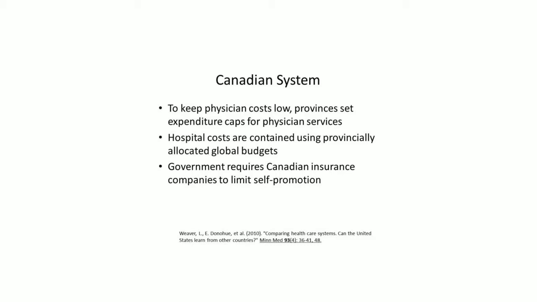There's also legislation that limits Canadian insurance companies' ability to self-promote. That is, there are limitations in regards to the amount of advertising that insurance companies can do to promote their insurance programs. That's another way that they found to reduce the cost of healthcare. If insurance companies can't spend exorbitant amounts of money on advertising, they can save some money in regards to providing healthcare.